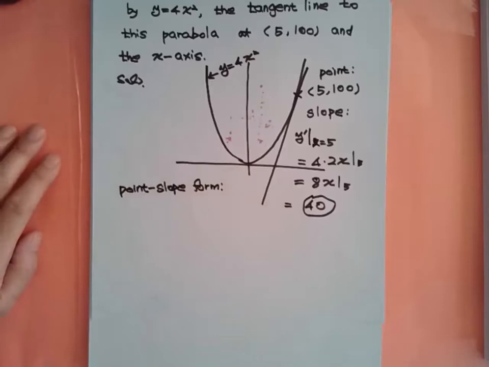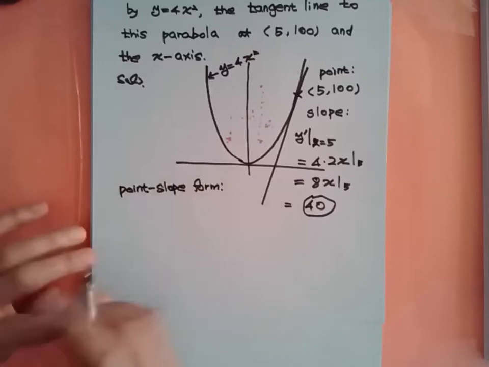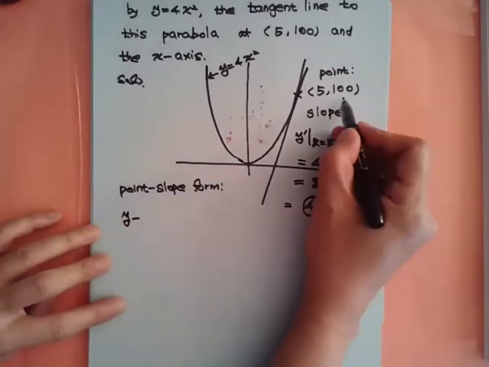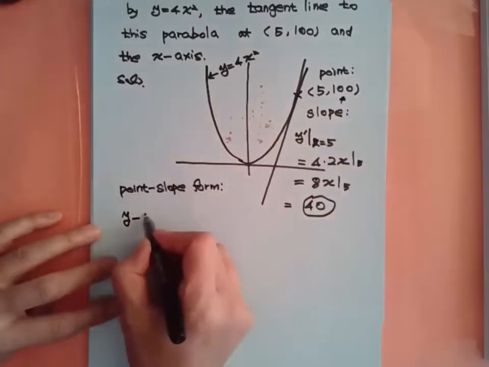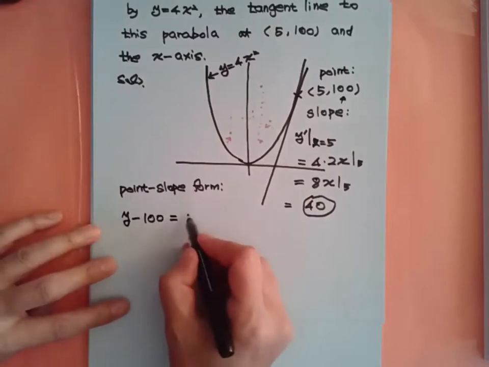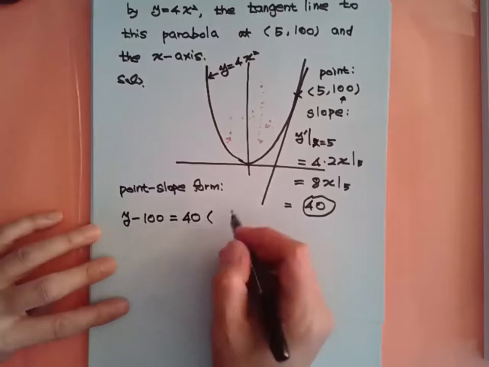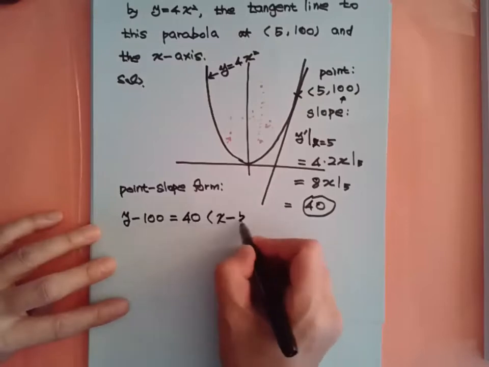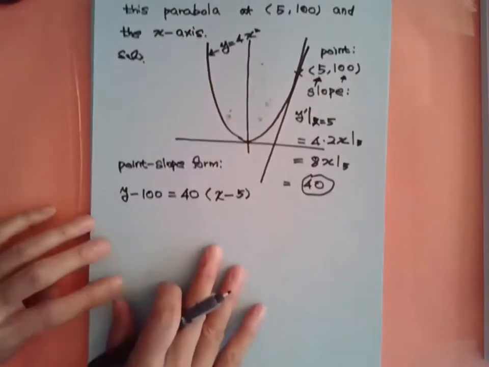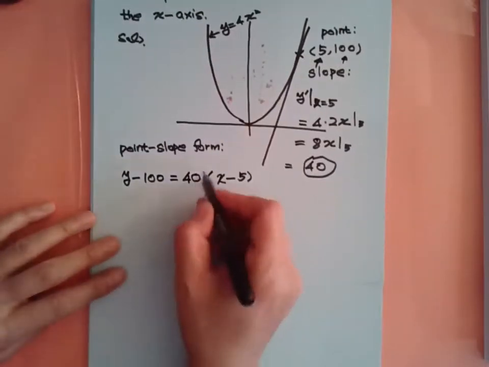Point slope form in the linear equation is y minus the y value it passes, so minus 100, equals 40, which is the slope, times x minus the x value it passes. So that is 5.